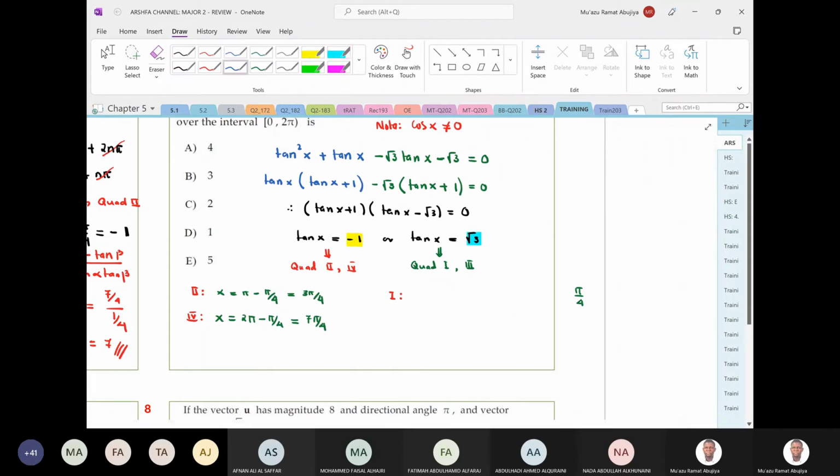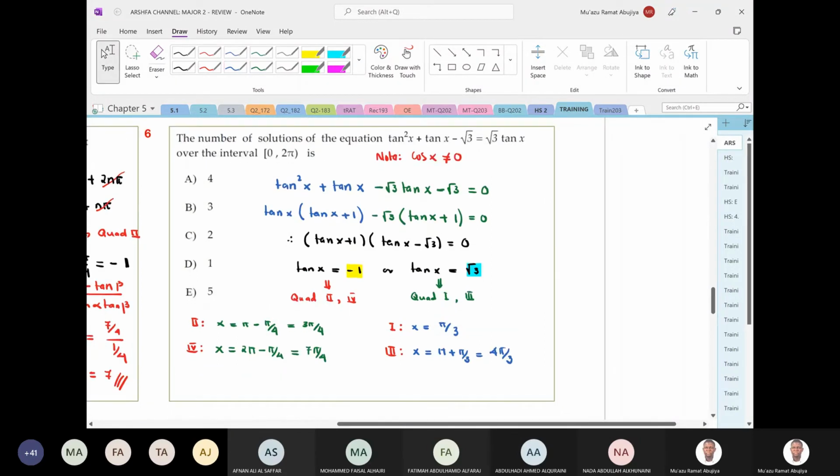So here we are going to say our x, in quadrant number 1, x is going to be pi over 3. That is 60 degrees. And when we go to quadrant number 3, here we say x is going to be equal to pi plus pi over 3, and this is going to be equal to 4 pi over 3.